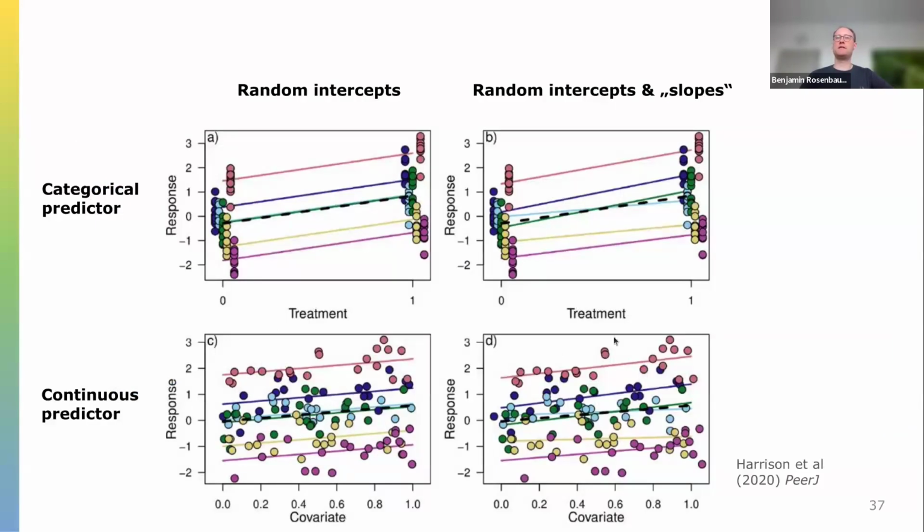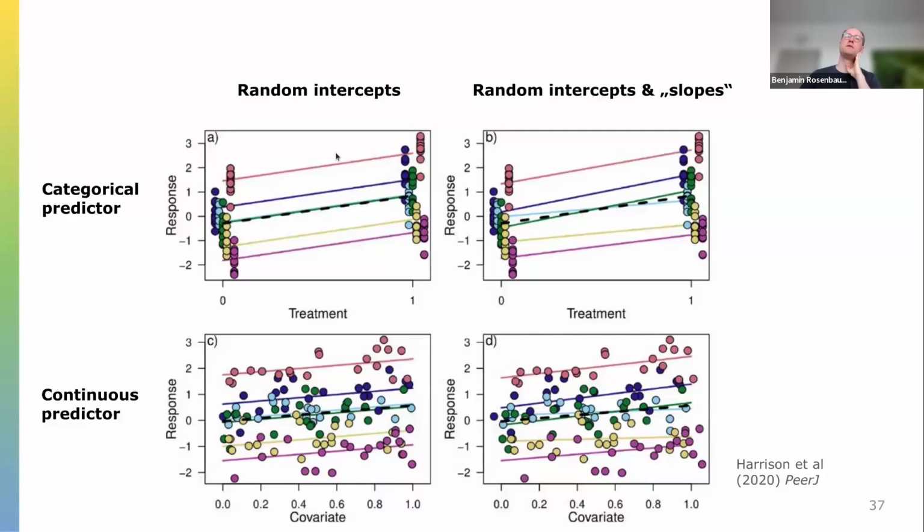And random intercepts and slopes here means that the lines do not have to be parallel. And the same you can have if your treatment is categorical. Here it just has 2 levels. It could also have more levels. But then again, the effect from one level to the next in this random intercept way would be the same.